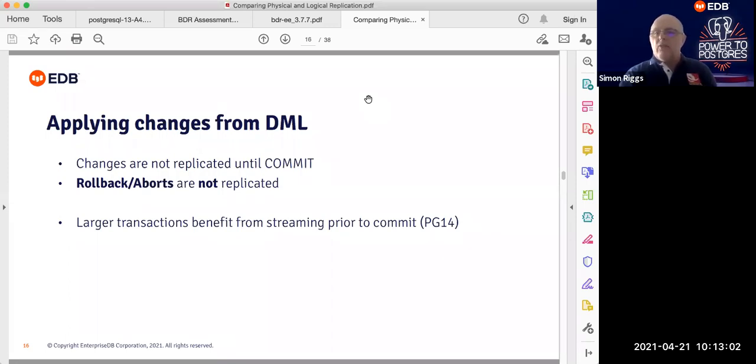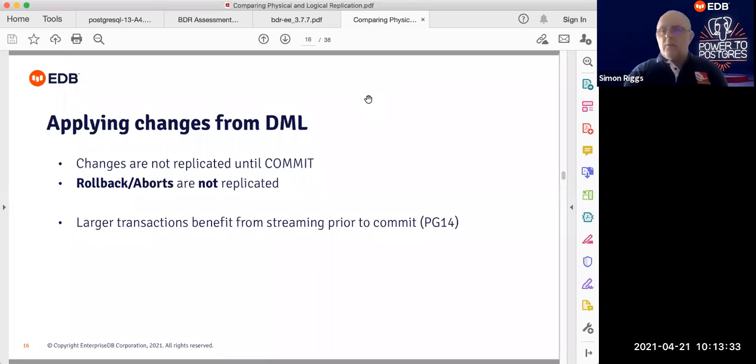It can introduce a small additional latency as well, but that's typically not that large, and so we won't mention that. But what I will mention is that larger transactions do benefit from streaming prior to commit, and that's why there's a new feature in Postgres 14 that allows you to stream transactions before they've committed.